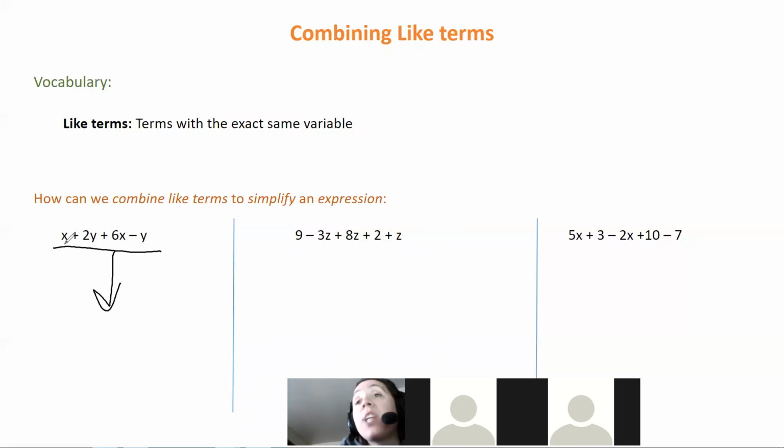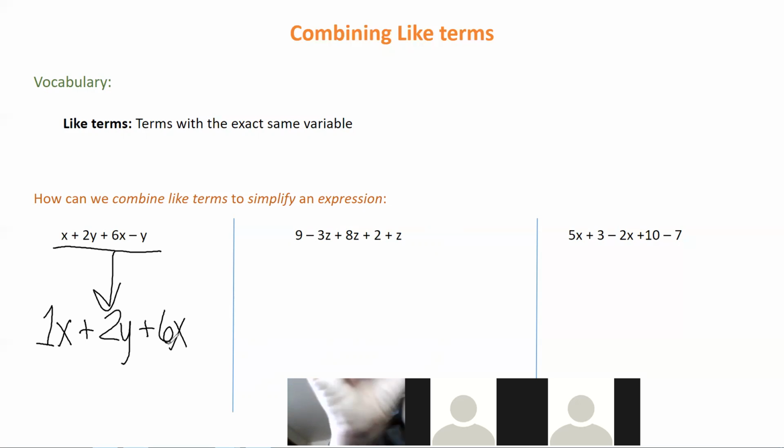What number should I put in front of that x that's really there even if we don't see it? Audrey just said it. 1. I'm going to put a 1 in front of that x just because it really helps when you're combining like terms. Now here's where my minus is. Instead of minus, I'm going to put plus negative, and it's just a 1y, so I'm going to put a 1 there.